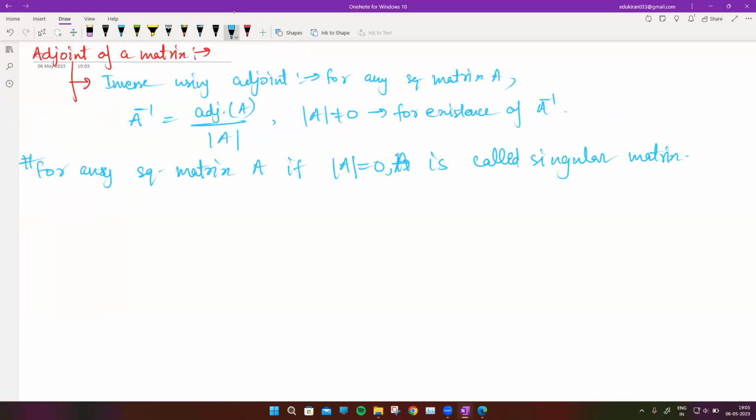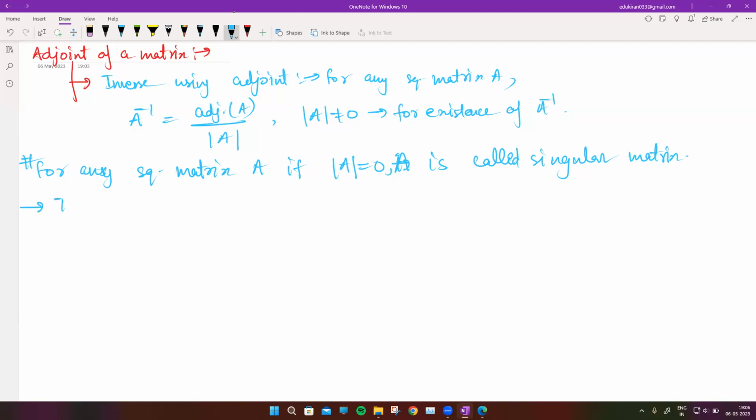So all the square matrices whose determinants are 0 are called singular matrices. And we don't find the inverse of a singular matrix, because the inverse of a singular matrix does not exist.